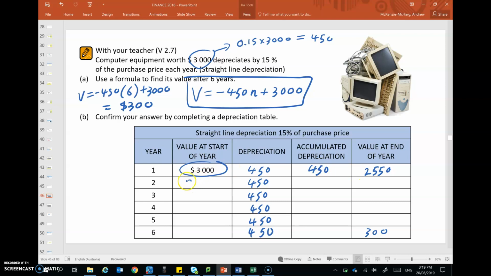So that carries over to the start of the next year, and we take another $450 off, which is a total of $900 off. So we take that off again and we're down to $2,100, and so forth. You should count that down and fill this in, and you should get $300 at the end.